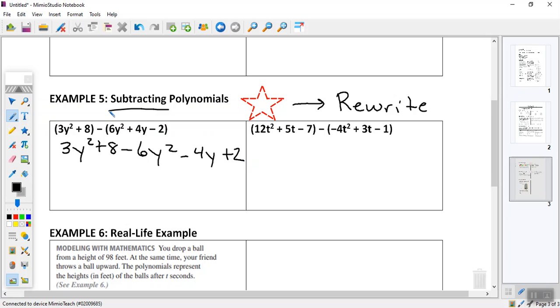So let's combine, kids. Does 3y squared combine with anything? Okay, so what is 3y squared and negative 6y squared going to combine to? Negative 3y squared. Okay? Negative 4. So minus 4y would be the next term, right? In standard form, if we're thinking standard form.